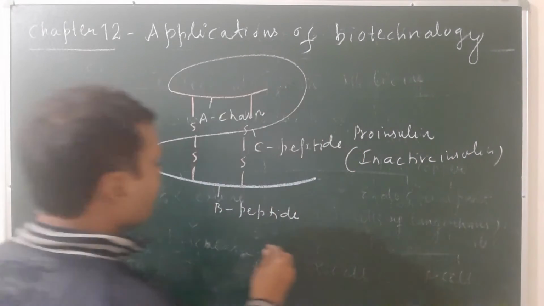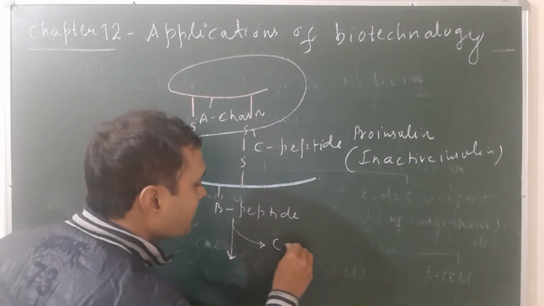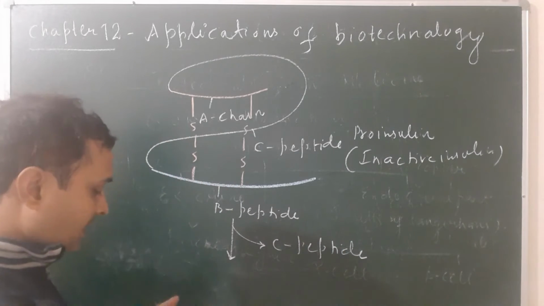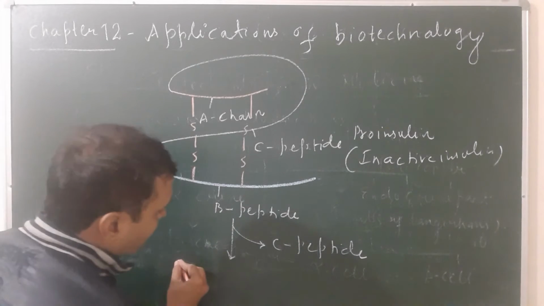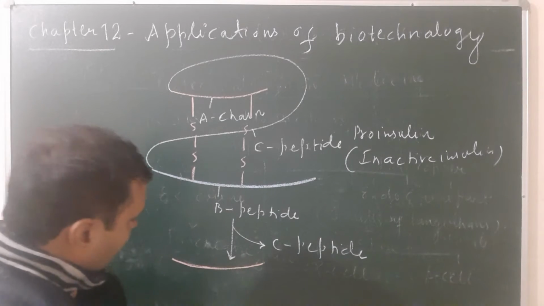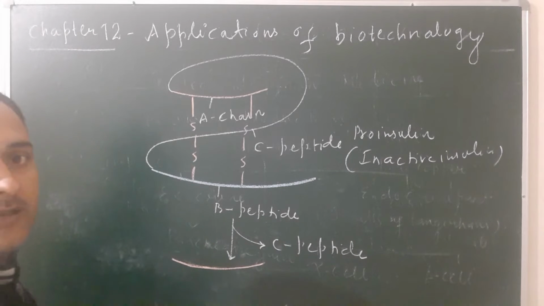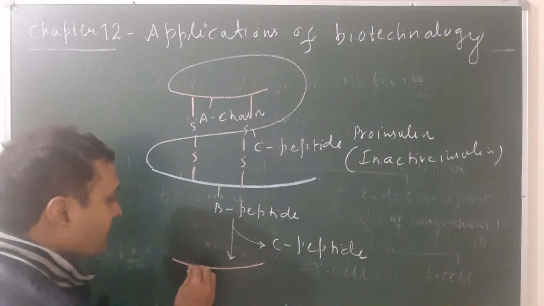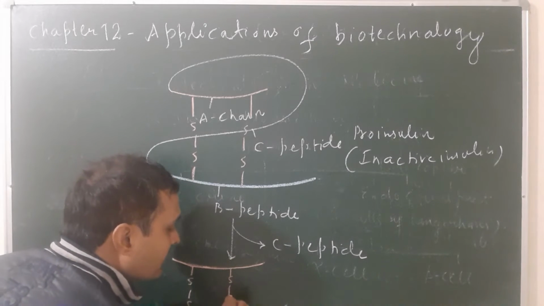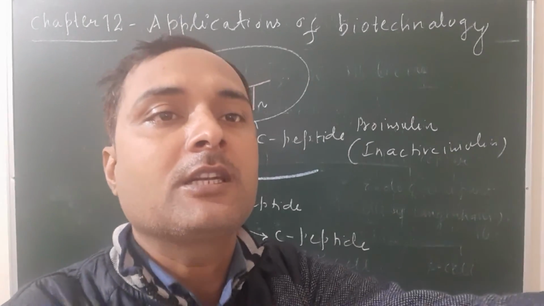It only activates when the C peptide is eliminated. When the C peptide is eliminated from the A and B chains, the remaining structure has only two peptides, the A chain and B chain, and these form the mature insulin, held by disulfide bonds.